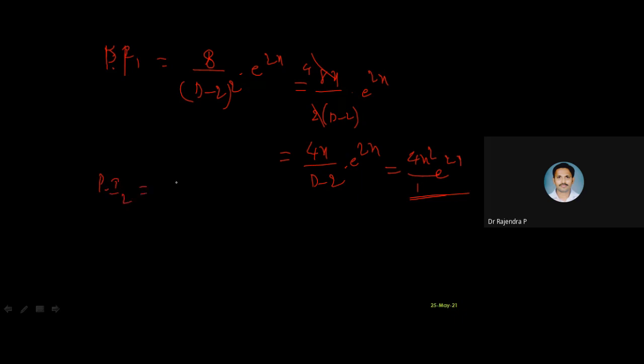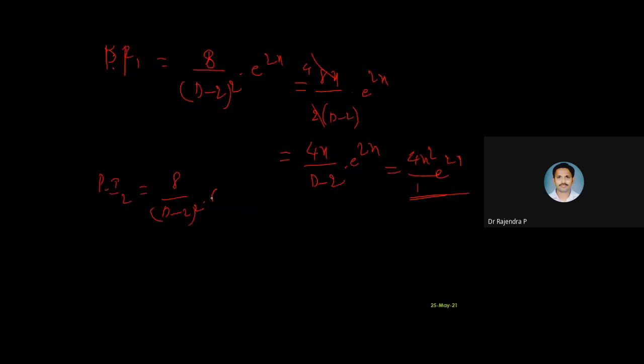Particular integral 2: 8 by D minus 2 whole square into, what is the function? Cos 2x. So this time, do we have D squares here? Actually, we have D squares, so better to expand. This will be D square minus 4D plus 4, right, into cos 2x. Now, in place of D square, if I substitute, what am I going to get?